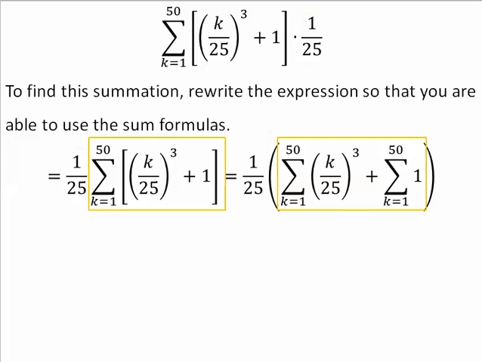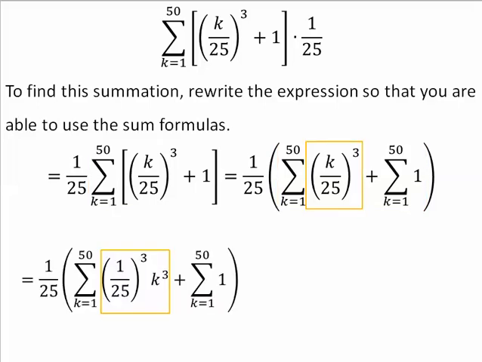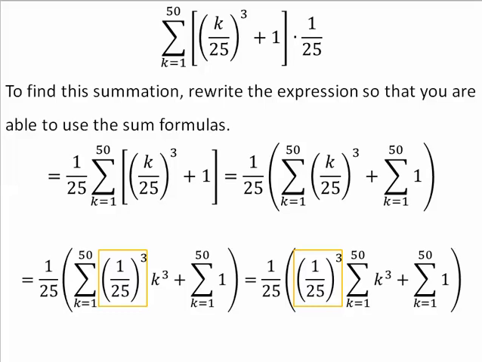Then I break my summation into two individual summations. Next, I rewrite k over 25 to the third power. And then I pull the 1 over 25 to the third power outside of the summation.